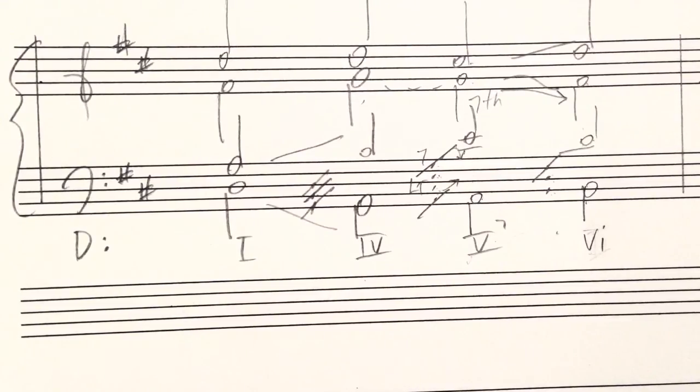The soprano holds the common tone, 5/7, the leading tone is in the soprano, the tenor has the 7th, the alto has the 7th, and then the resolution to the 6th chord.